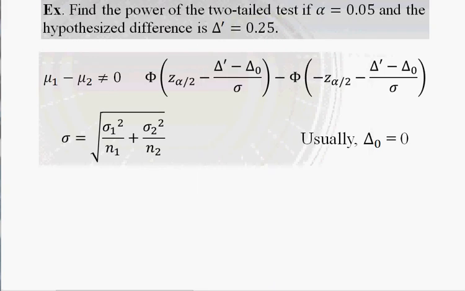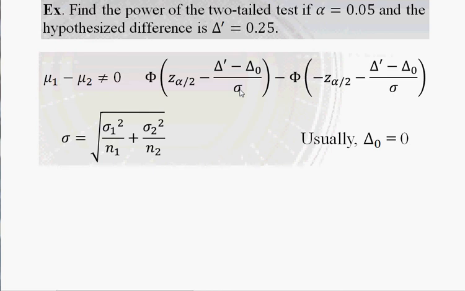Finally, to continue this example, we're going to find the power of the two-tailed test if alpha is equal to 0.05, and we assume that the hypothesized difference between the two means is 0.25. So for this one, we proceed with the formula that we have on the screen that we presented in class. The derivation of this is very similar to the formula for a one-sample test.